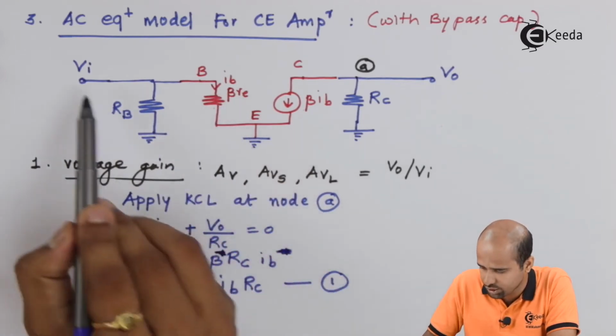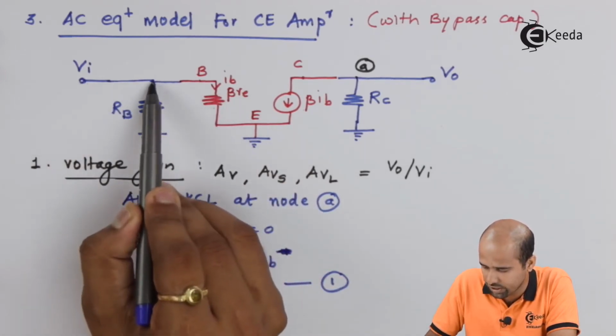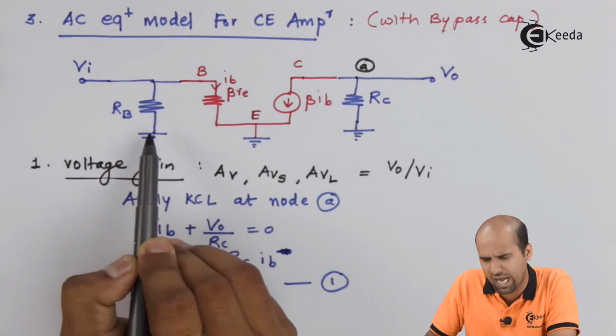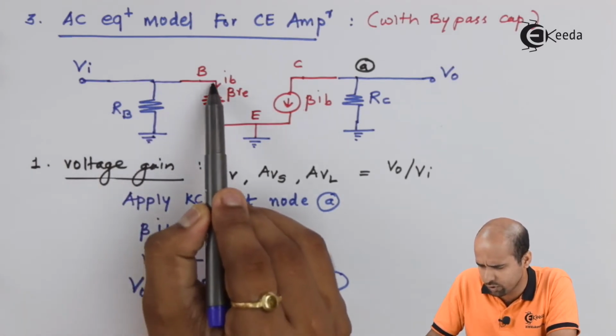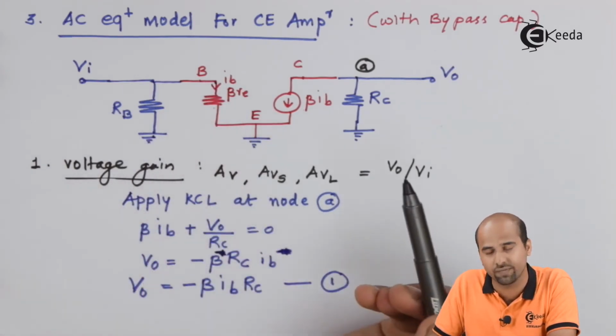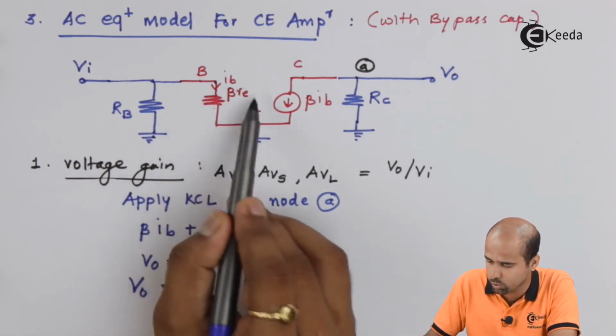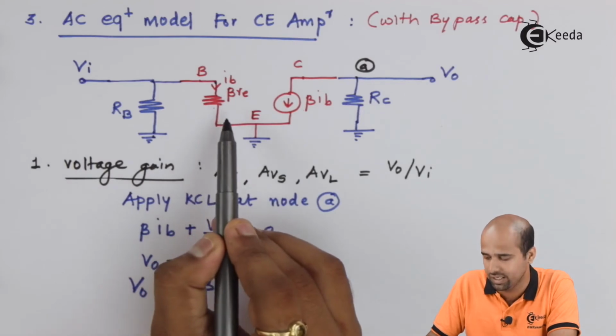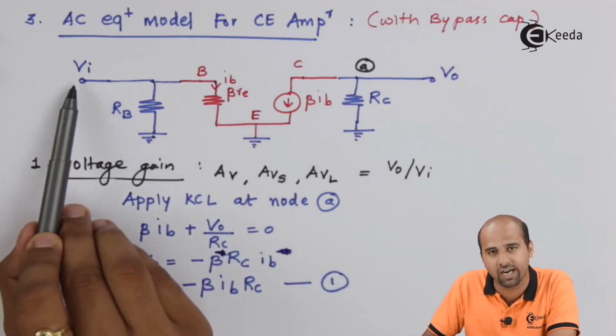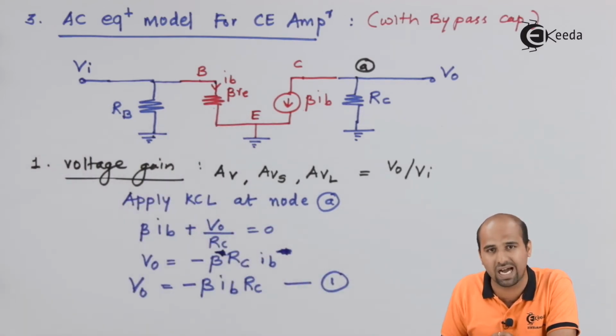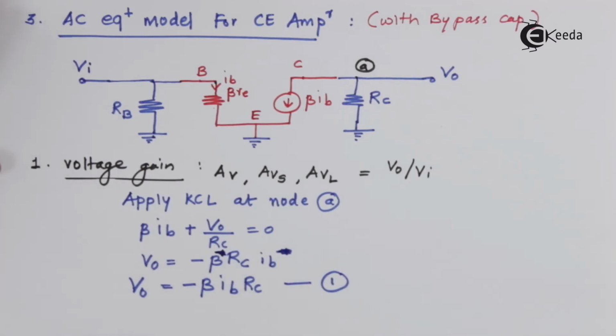And the voltage VI is nothing but voltage across RB, as well as it is the same as that of voltage across beta RE. So very simple now. I can easily get to know that whatever resistance over here, this is beta RE, is equal to VI divided by small IB. So we'll be getting the value of IB in the form of VI, and it will make things simple.